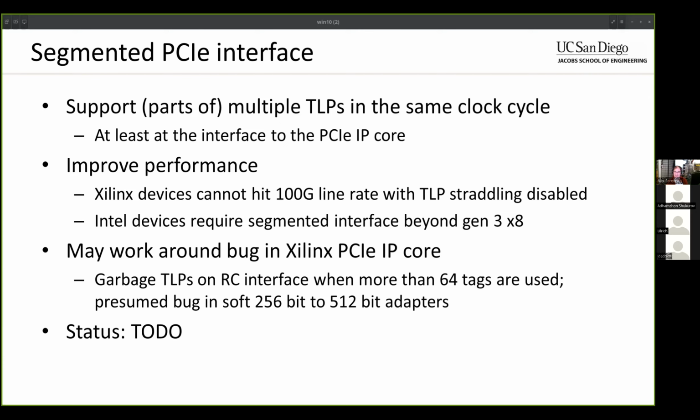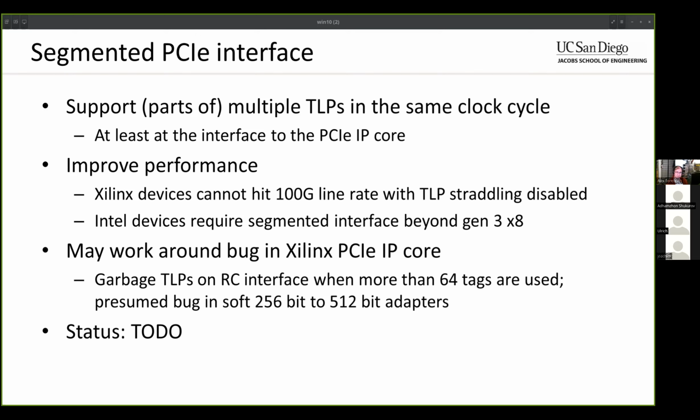Intel devices, on the other hand, also use segmentation, but you can't turn it off; it's required. So for Gen 3 x16 and Gen 4 x16, it's in two segments, and you have to deal with it. So in order to get things running on the Intel dev boards at Gen 3 x16, we need to have this operational. So I'm going to take a look at that and see if I can get it working.